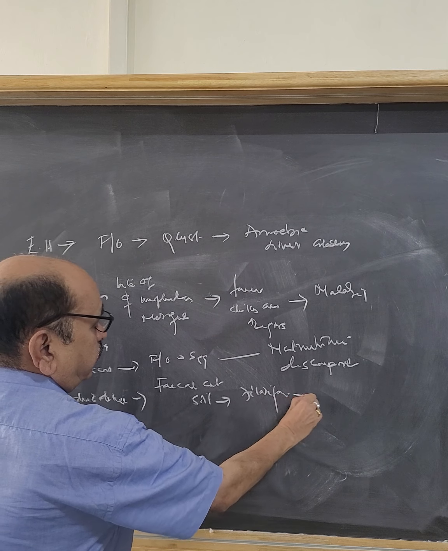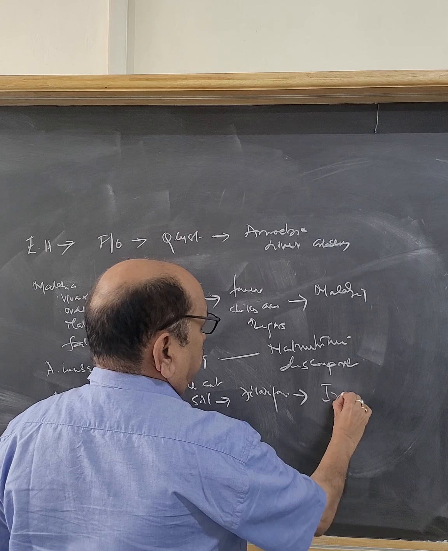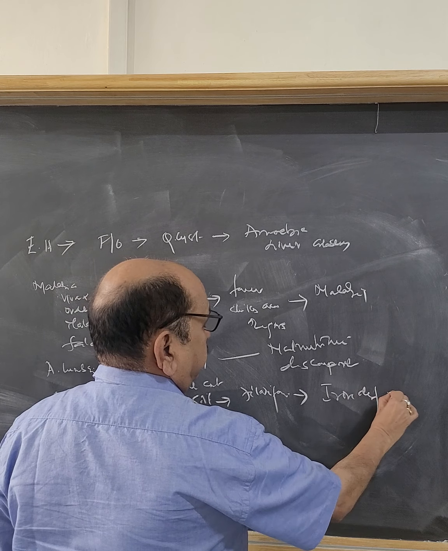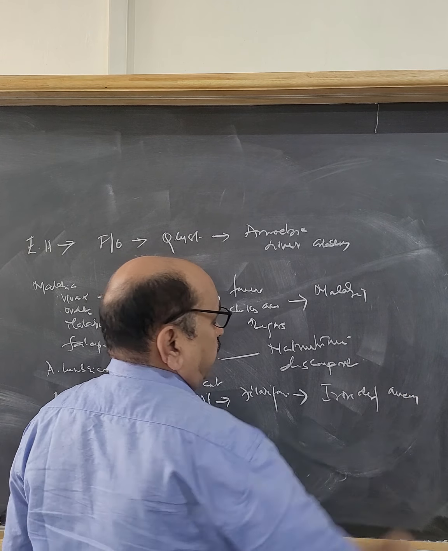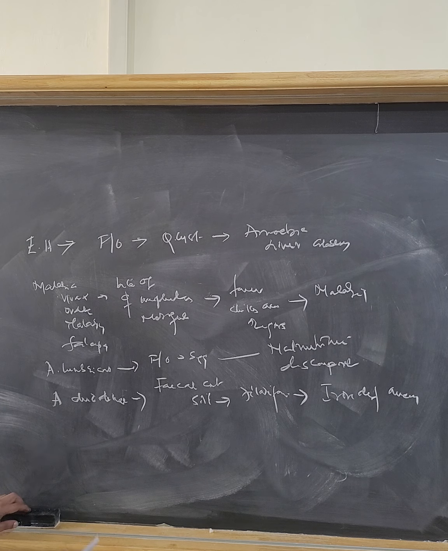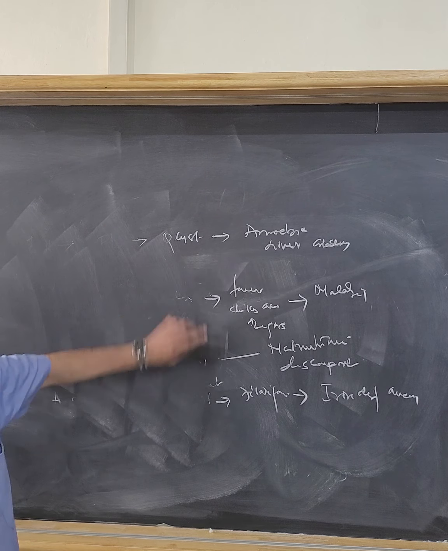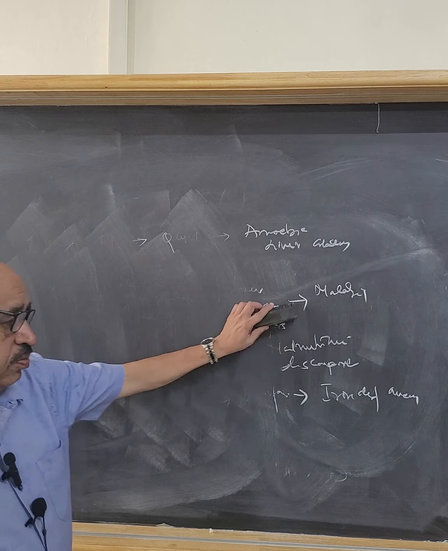The filariform larva enters and gives rise to iron deficiency anemia. Okay, these are the important parasites you should know.